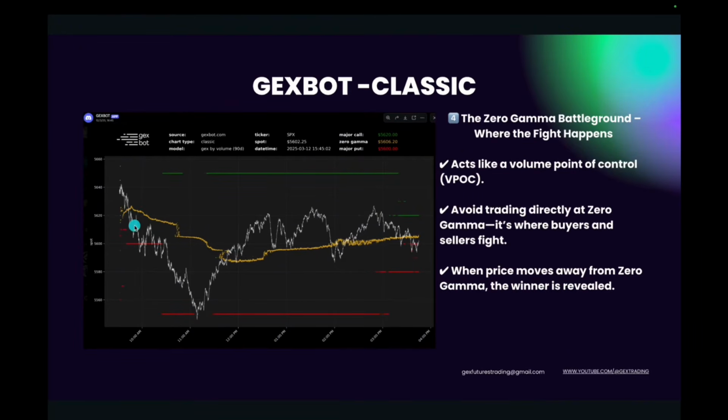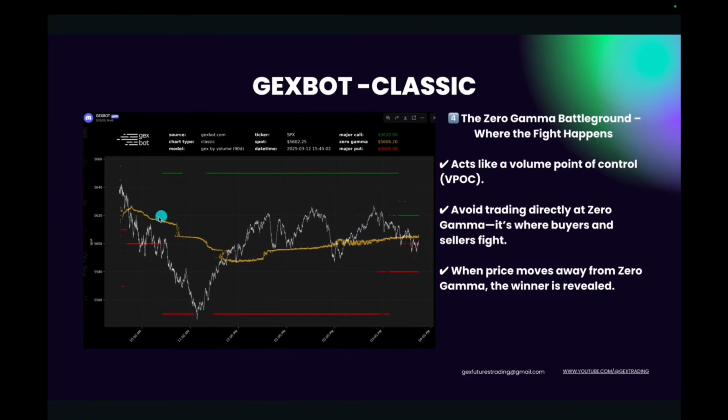The zero gamma is such an important concept. It acts like a volume point of control. If you have seen volume profile theory, where they have the value area high, value area low, and the POC, the way I learned it is that you never trade at the POC. Why? Because the POC is where buyers and sellers are happy trading with each other.